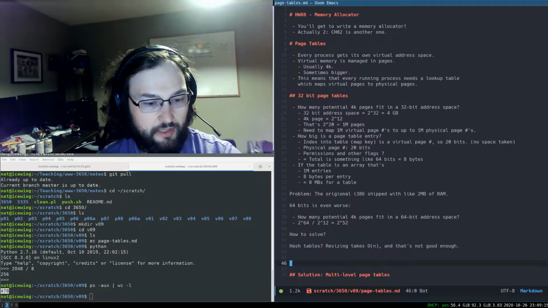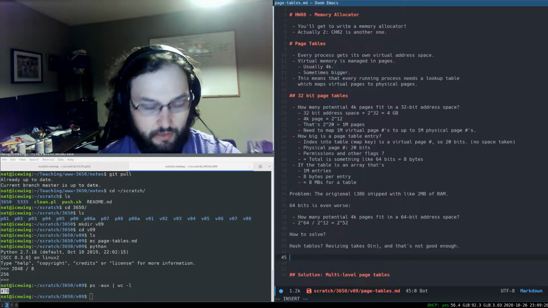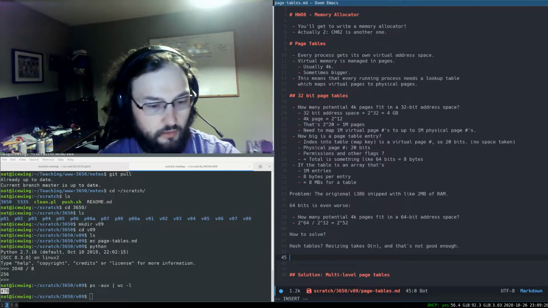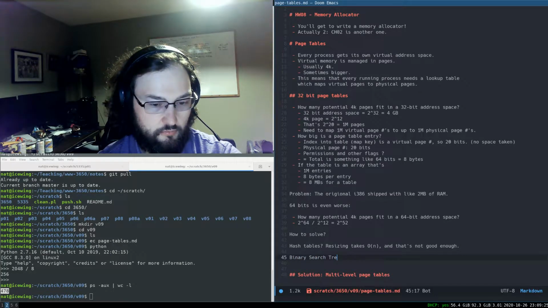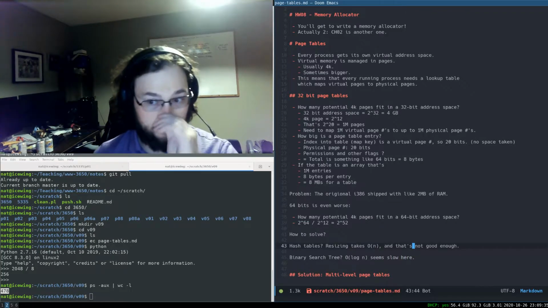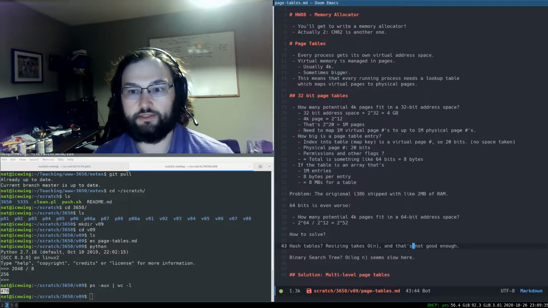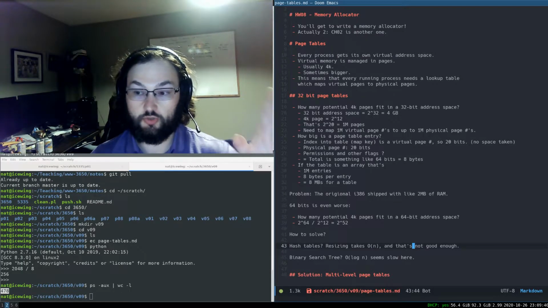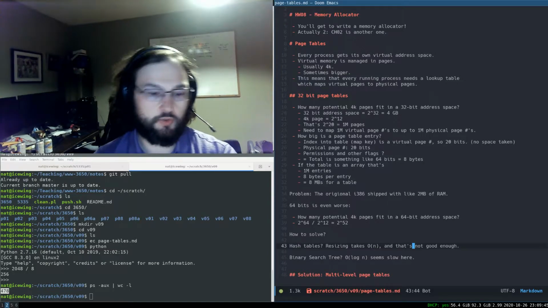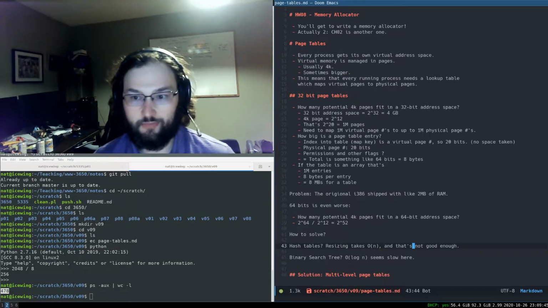A slightly better idea would be to have a binary search tree. But at least with the initial way we're looking at this, pretty much every memory access needs to do a translation between a physical address and a virtual address, and we don't want to be slowing down by a factor of log n.